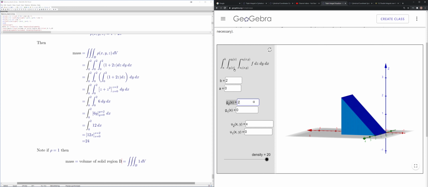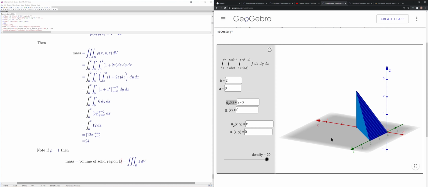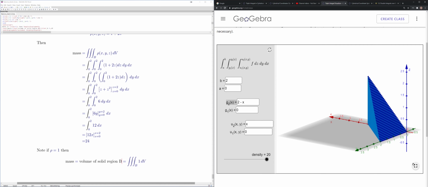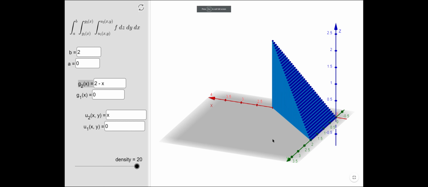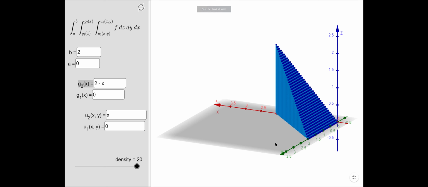And then also these limits of integration here need not be constants either. So here I have this solid region that is some sort of pyramid.